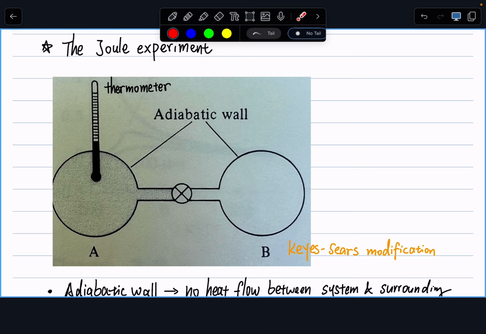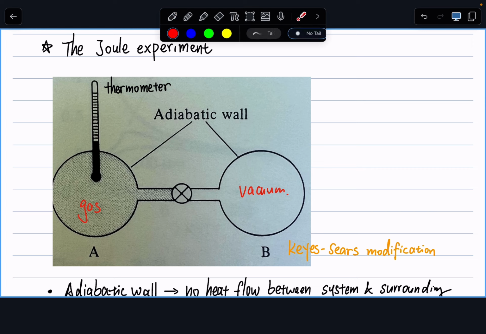So here's the experimental setup. Now imagine my system contains two different chambers. The left chamber contains some kind of gas. The right chamber is empty, or vacuum. All right.